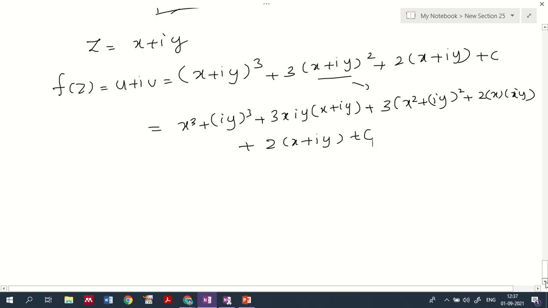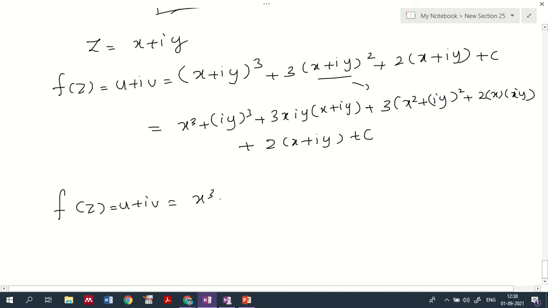Okay, what we did is we just expanded all the cube power and the square power associated with that, and finally what we are getting is f of z. Okay, f of z is equal to u plus iv is equal to what?